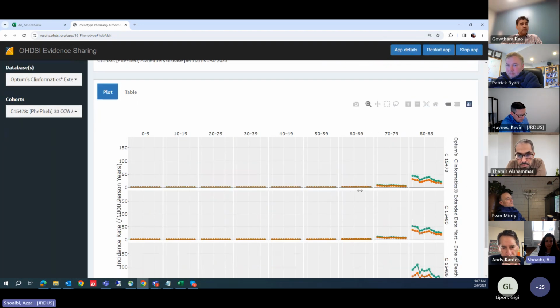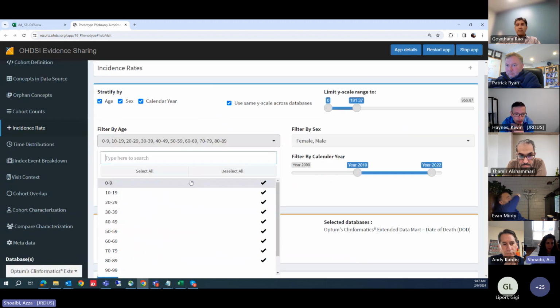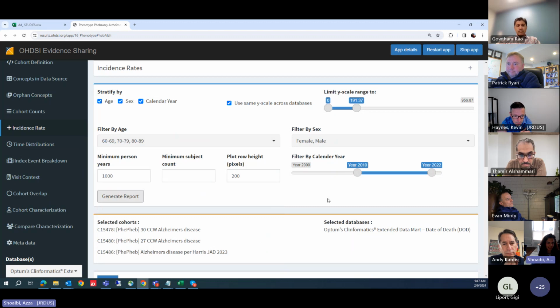So one thing I can do quickly, just for visual, is I can see that because Alzheimer is a disease of older people, the Cohort Diagnostics give me all ages, but it makes sense for Alzheimer. If I'm just going to look at the incidence, I can remove people with younger ages just because they're technically not at risk.